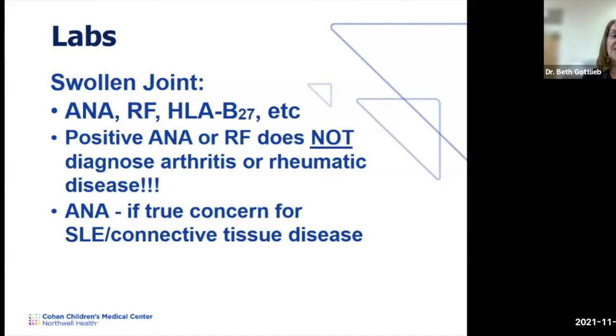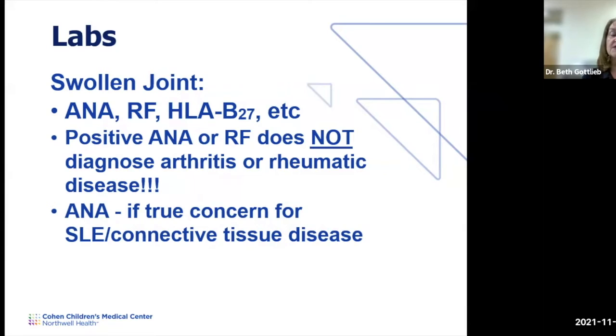So please don't think that even if positive, they help you to predict whether or not that child will have JIA or any other disease. There is a false positive rate on an ANA, depending on your lab, between 5 and 30% in the healthy population for an ANA. So it is not predictive, right?